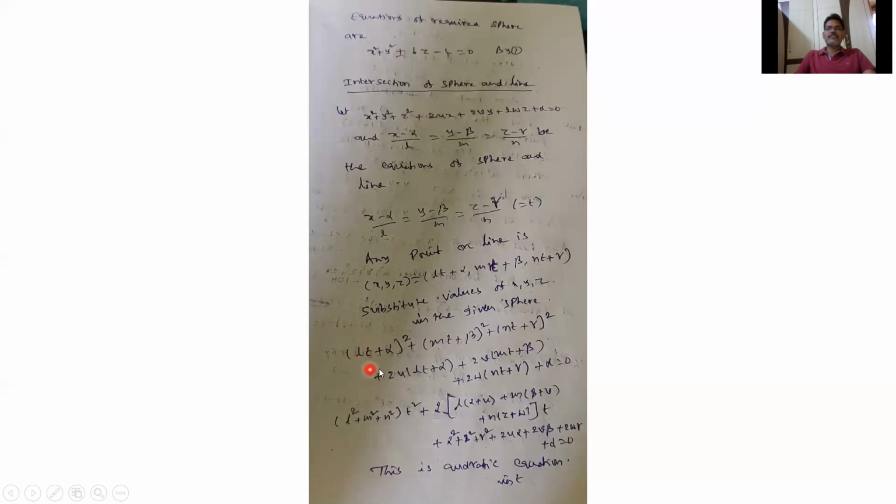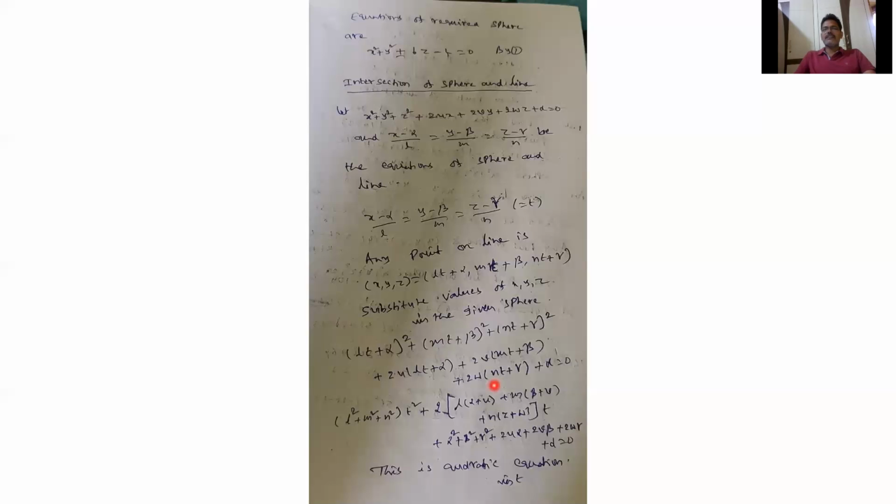Now the second terms: we will get 2lt alpha, 2m beta t, and 2n gamma t. And the t terms are 2ul t, 2vm t, 2wn t.